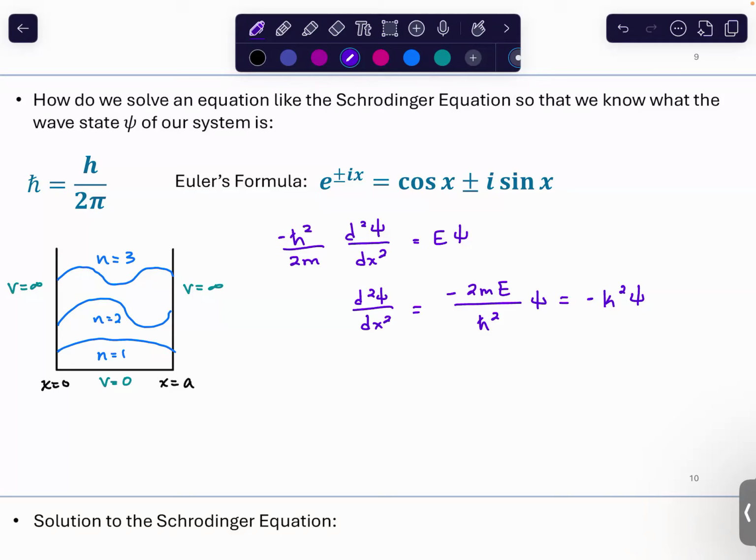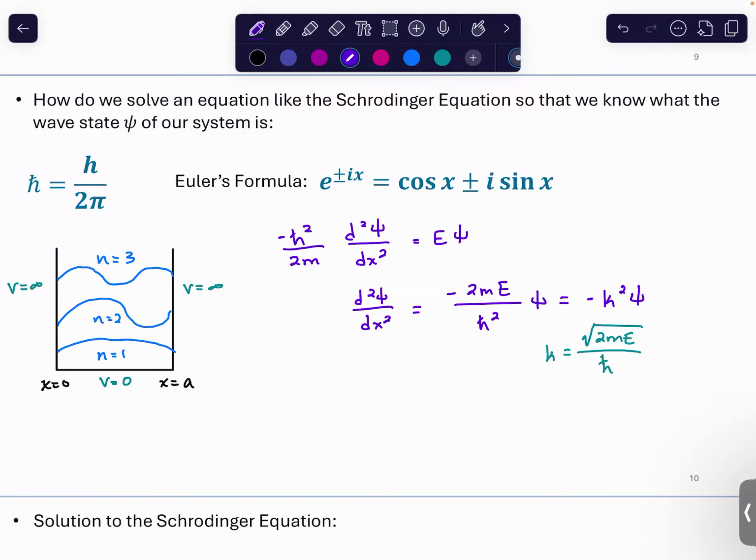We call it k squared because we want to end up making it match the order of the derivative. And that's so it gives us a nice easy function to solve for. So that means that your k value is going to be the square root of 2 times the mass of your particle times its energy, over h bar. But now we have a nice easy differential equation that we can solve for.